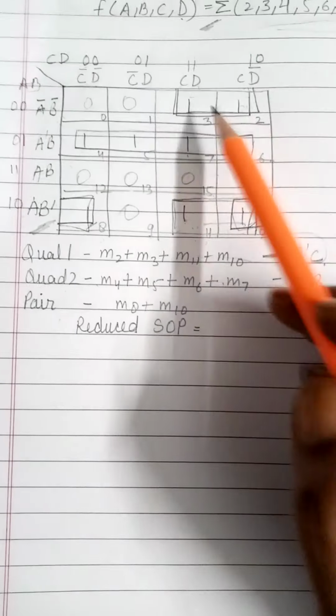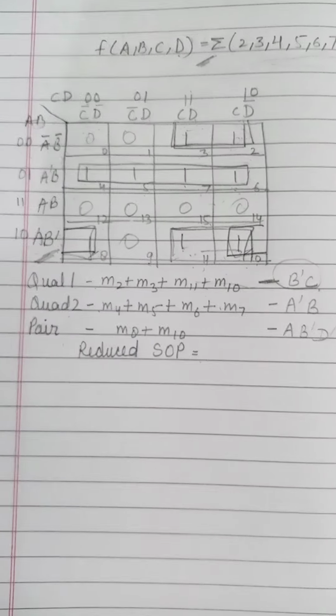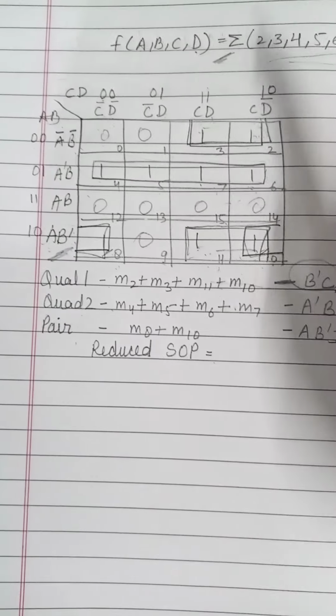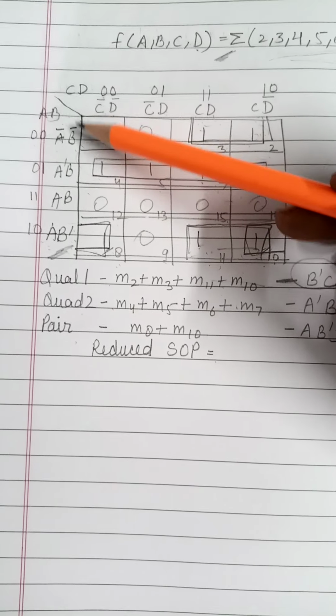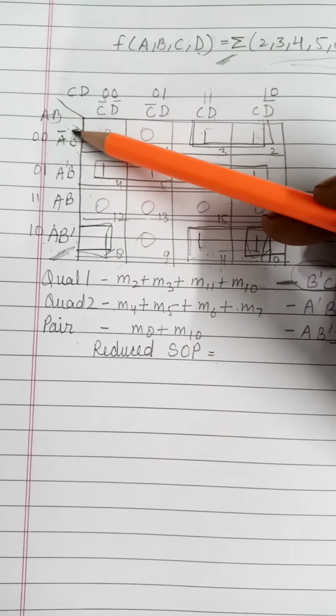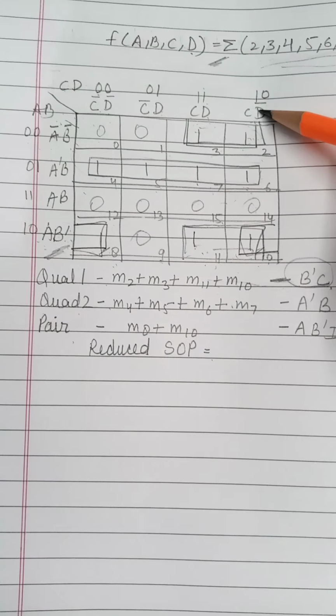So only one row is there, so the row variables are not changing at all. And in this row A bar B bar, 2 rows are there and 2 columns are there.